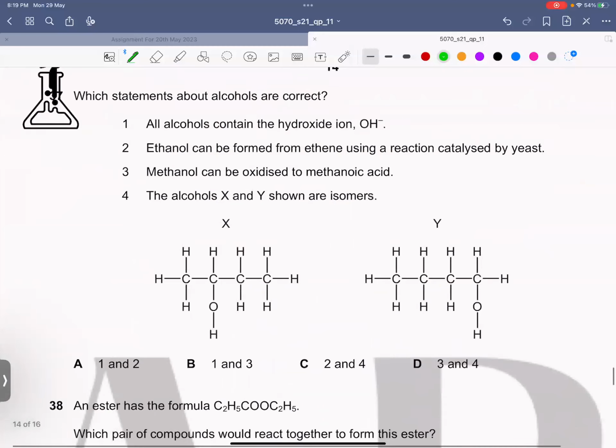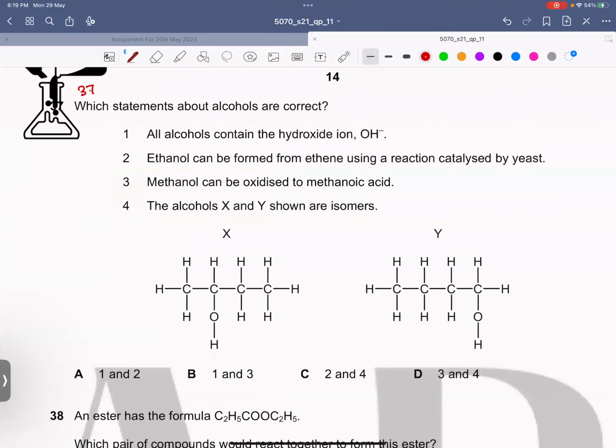Question number 37. Which statement about the alcohols is correct? All alcohols contain hydroxide. Is this correct or wrong? That is not an ion. There is a covalent bond. Remember, ions are when there is an ionic bond. It's a hydroxyl group.